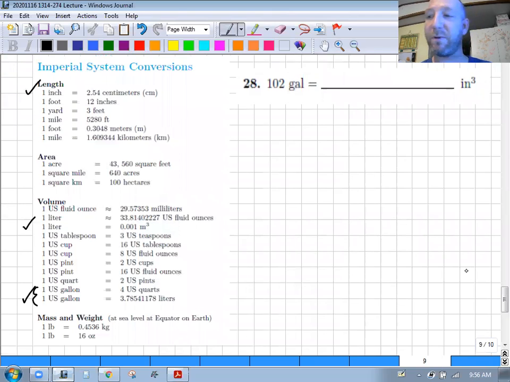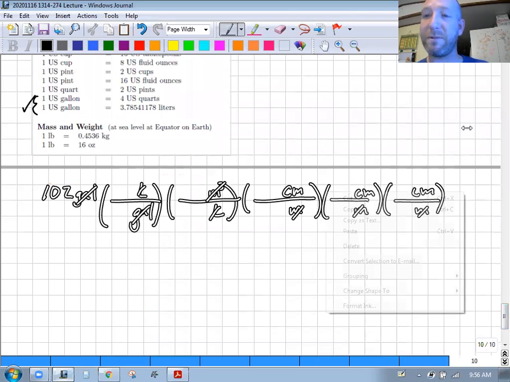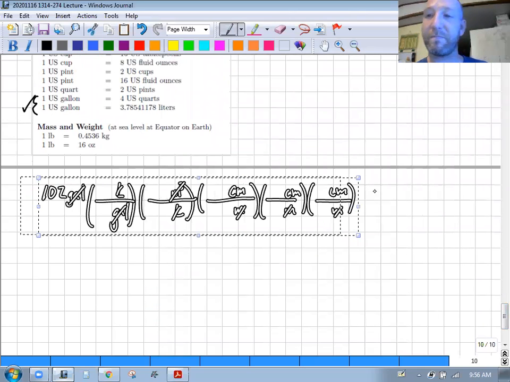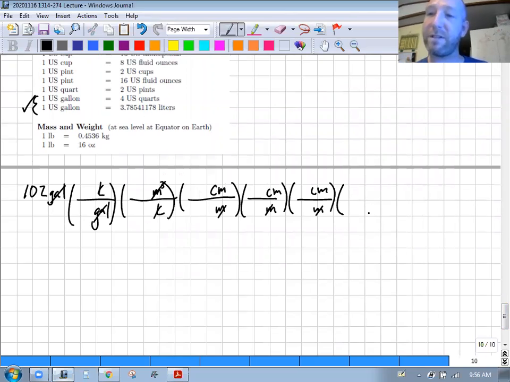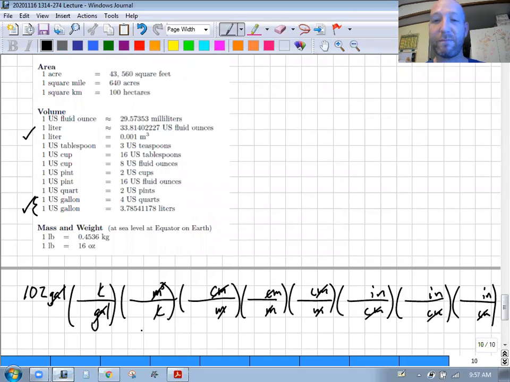So they tell us here, we have to do it 3 times. We get rid of centimeters in favor of inches: centimeter, centimeter, centimeter. We're going to end up with inches cubed. Now we just have to fill in the numbers. That was the hard part.